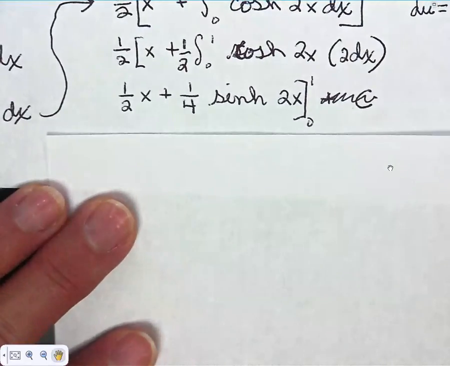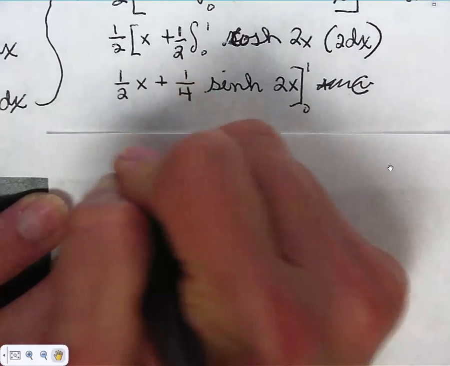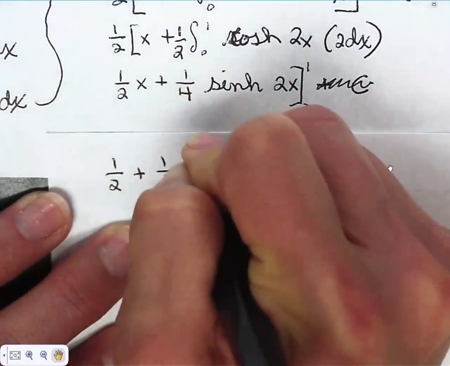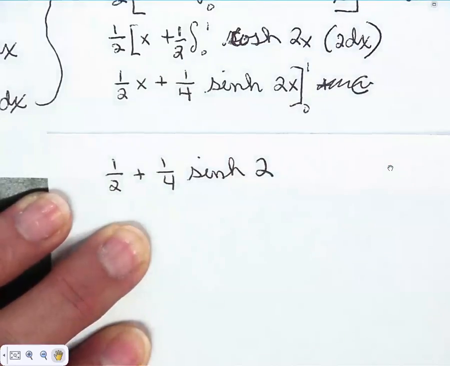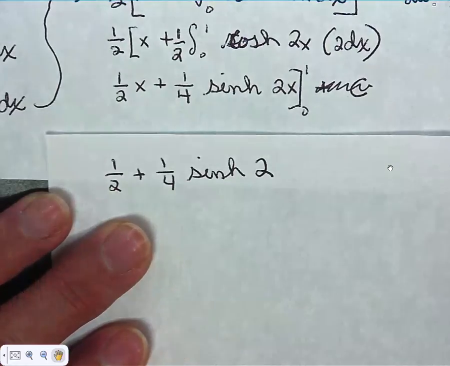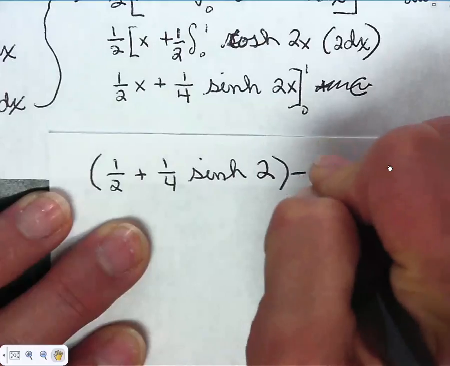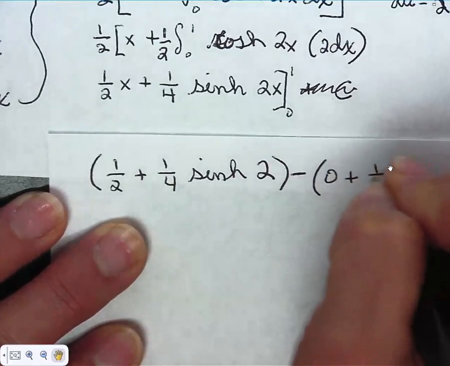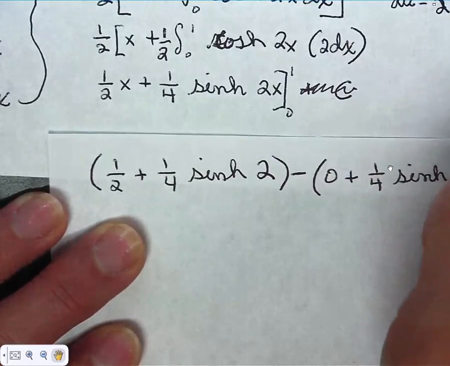All right, and with 1 in the place of x, I have 1/2 plus 1/4 sinh 2, and subtract what I get when I put 0 in place of both x's. 0 plus 1/4 sinh 0.